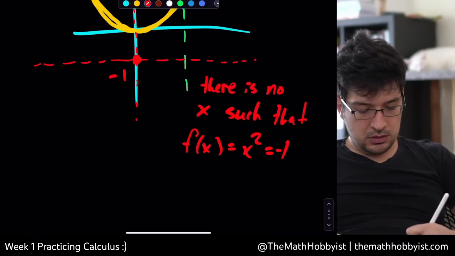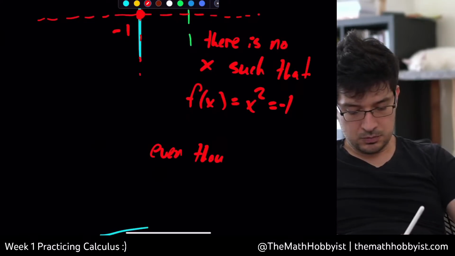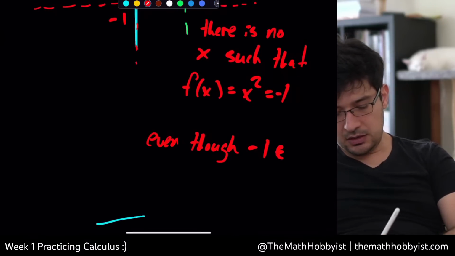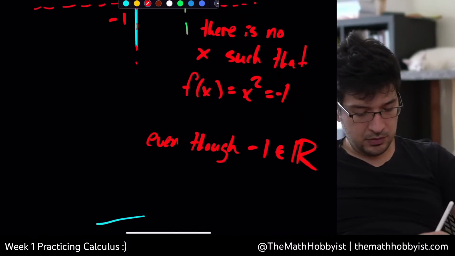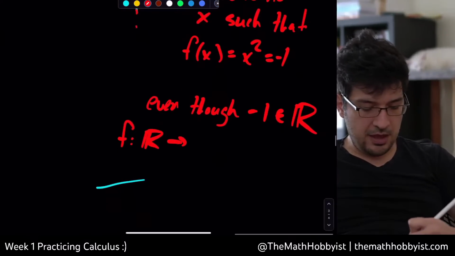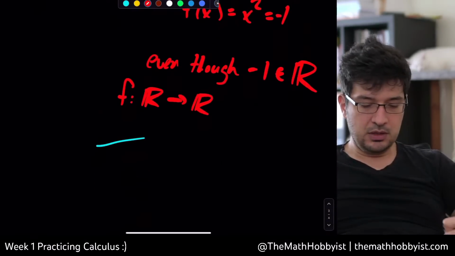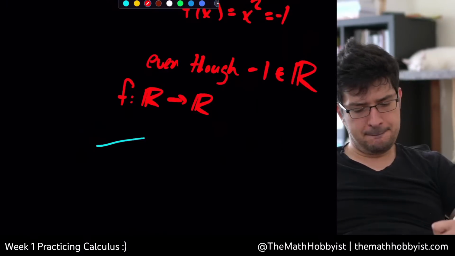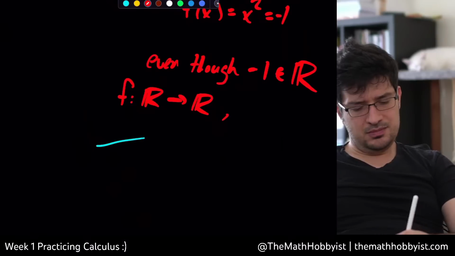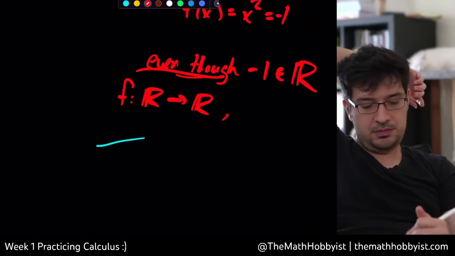So even though negative 1 is in the real numbers, from f being from the real numbers to the real numbers, even though is kind of the wrong term to use there, but it's kind of accurate.